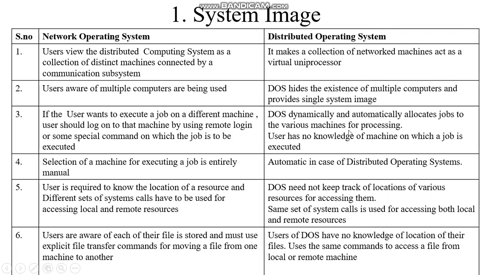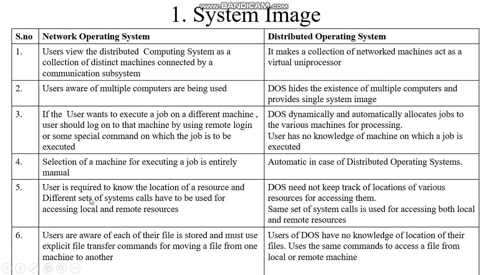Here the user doesn't need to log on to the machine. Automatically, the operating system will allocate a job to different machines. In the network operating system environment, the selection of a machine is done manually. In a distributed operating system, the machine is automatically chosen and the process is assigned.